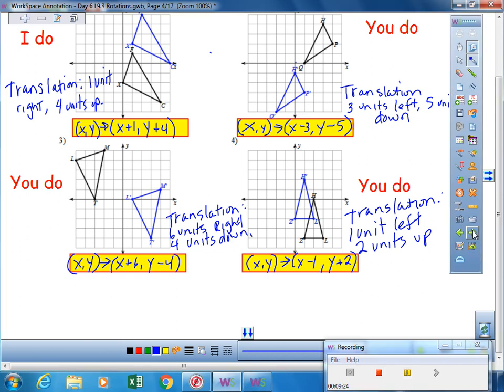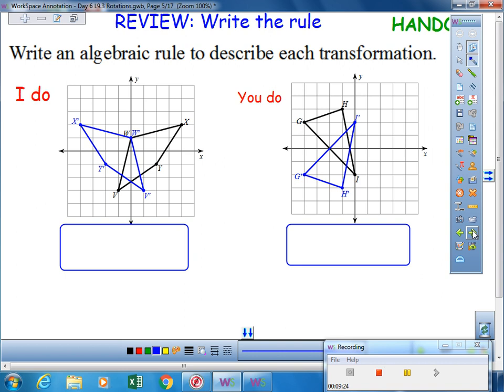I know. Okay. All right. So now, let's look at this one. Check the letter orientation. W, X, Y, V. W, V, Y, X. Is it the same? No. It is a reflection.